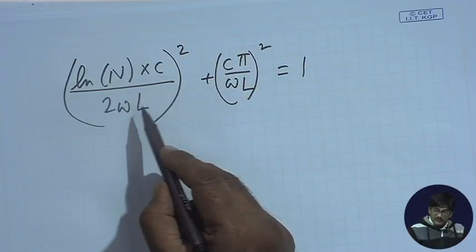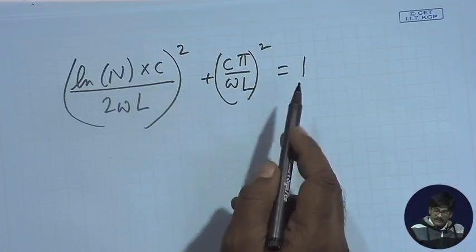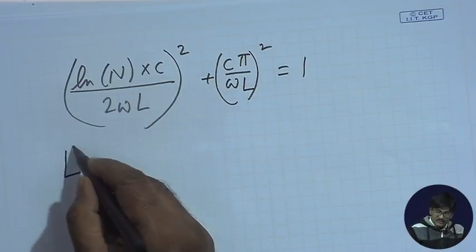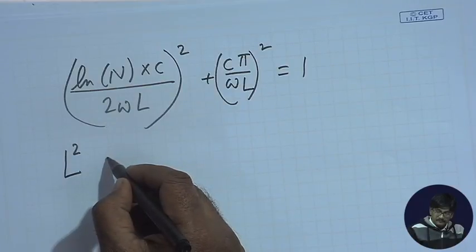Now what can we do here? We can take L common here, so that the other side will have L square. That's good.